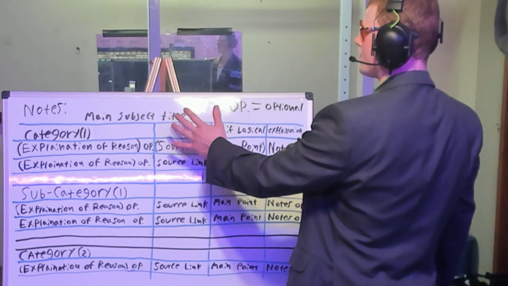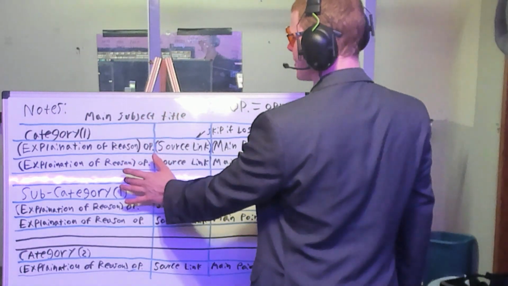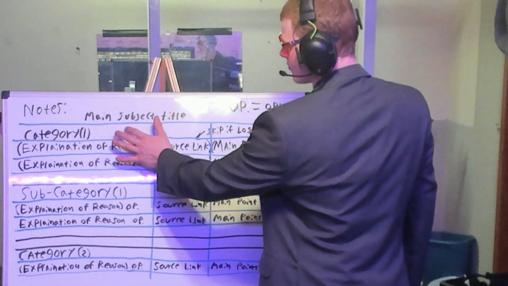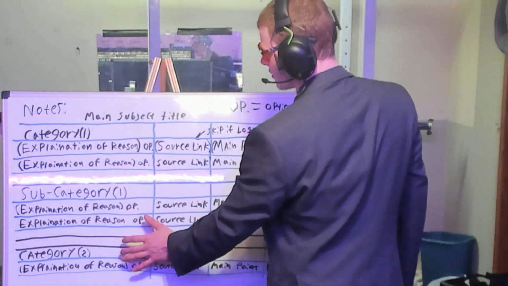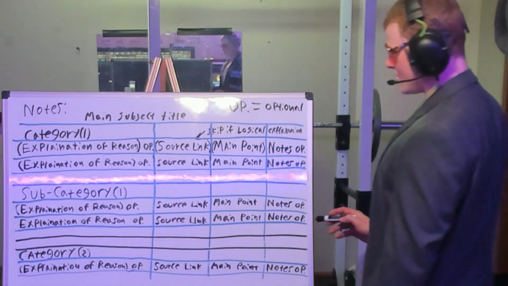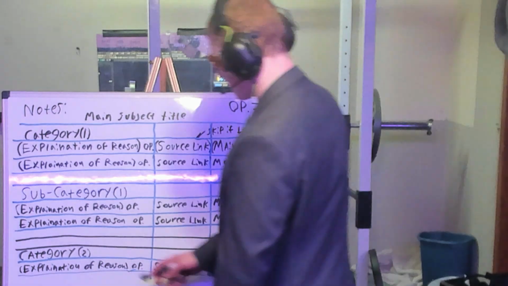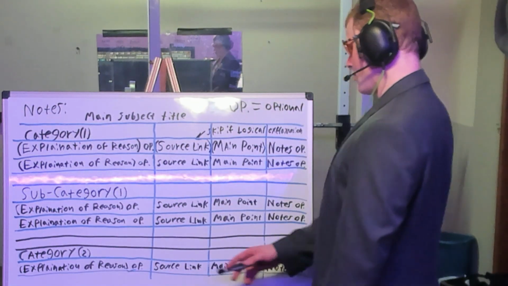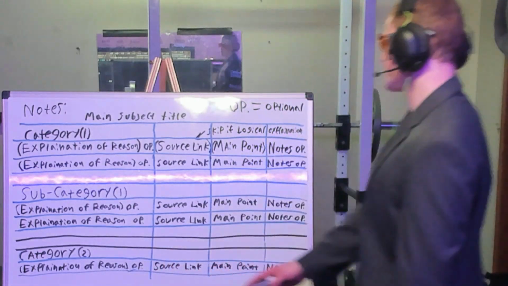So separating categories from subcategories is one line. Separating categories from categories is 2 lines. See that? So it'll be easier for you to distinguish. In the second category, same layout. You're going to have the main point, source link, and explanation of reason.